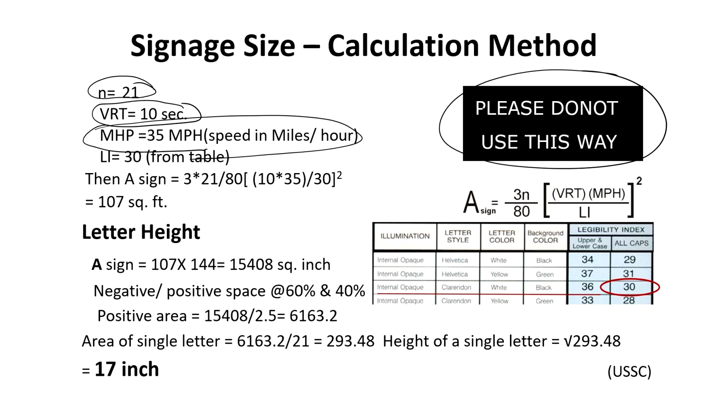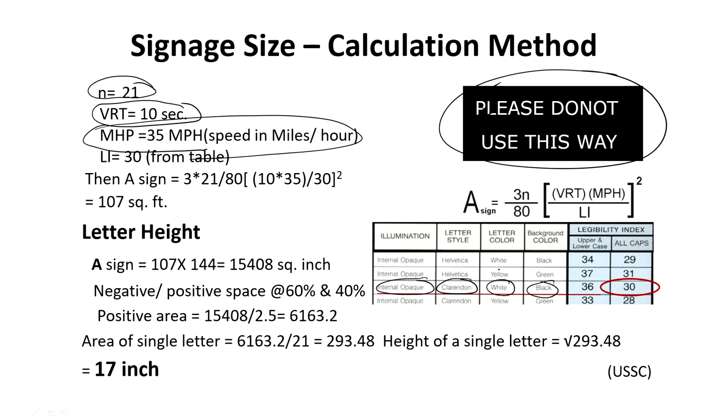And if I want to use a signage which has internally opaque illumination, I want to use the Clarendon font as the letter style, and I want a good contrast. So, I am using white on a black background, which is this one.